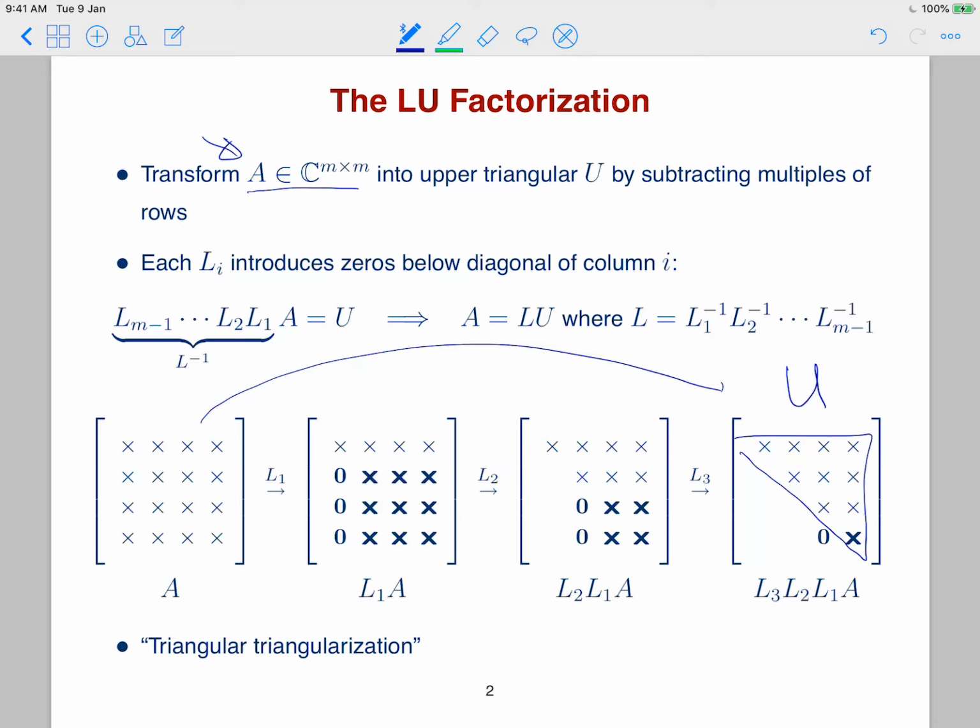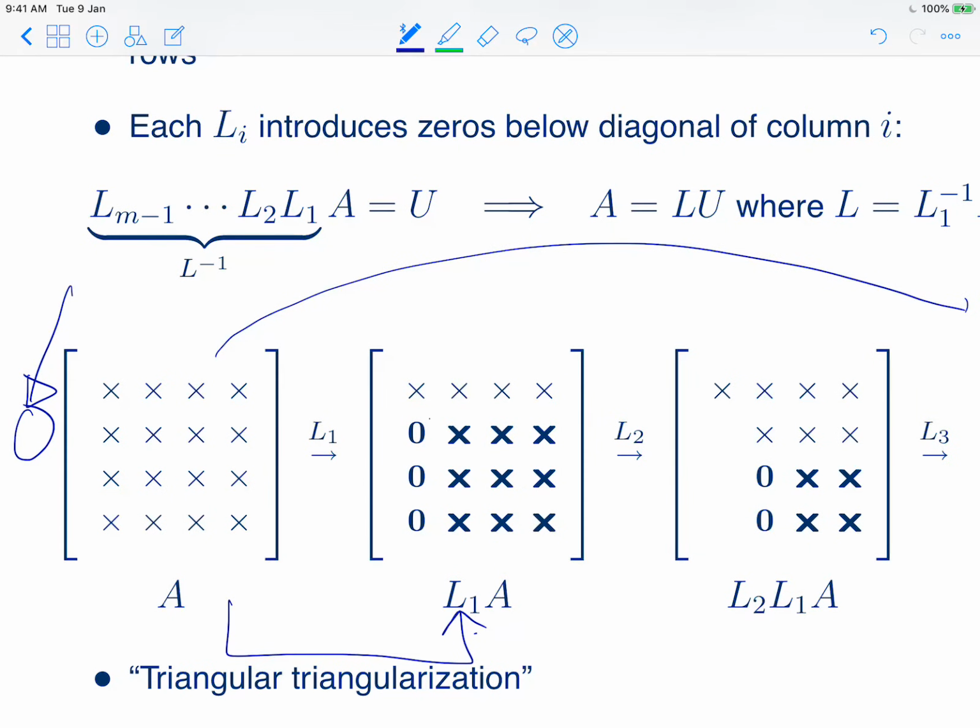It is through multiplying some matrix on the left of the original matrix. We introduce the zeros on the first column, except for its diagonal element and the elements above.